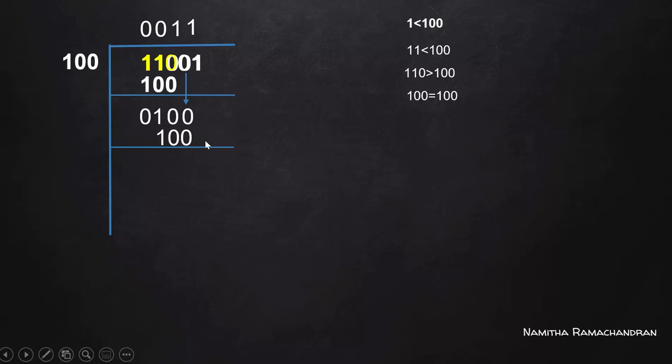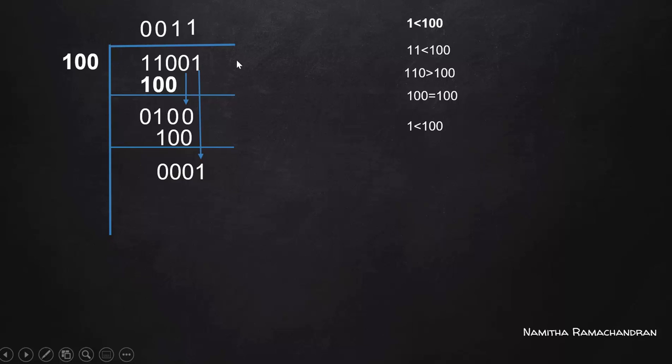Right? So while subtracting we get 0. And we can now take the remaining bit of our dividend and combine it with the remainder. Now it forms 1. But the problem is 1 is less than our divisor.